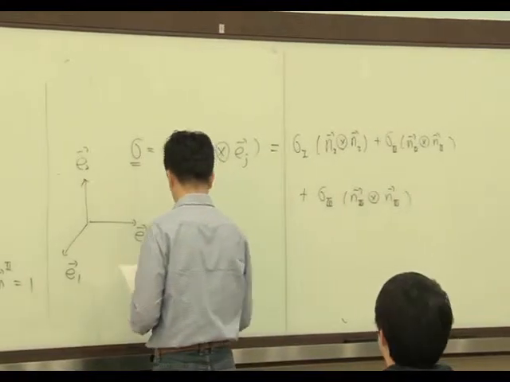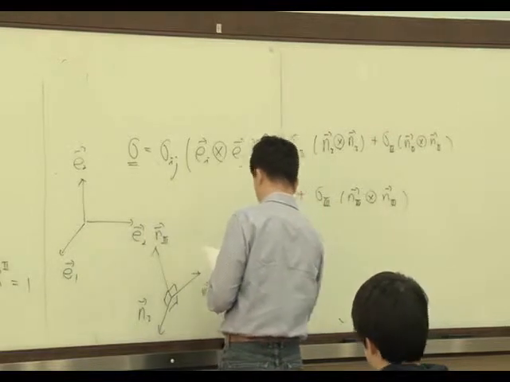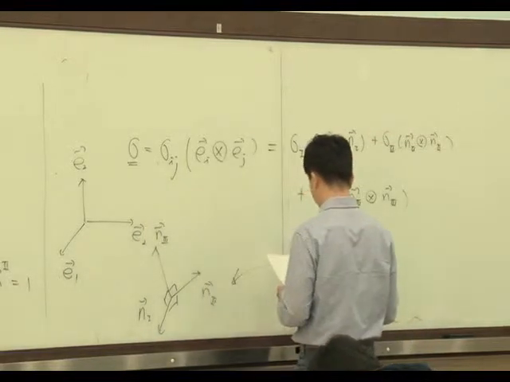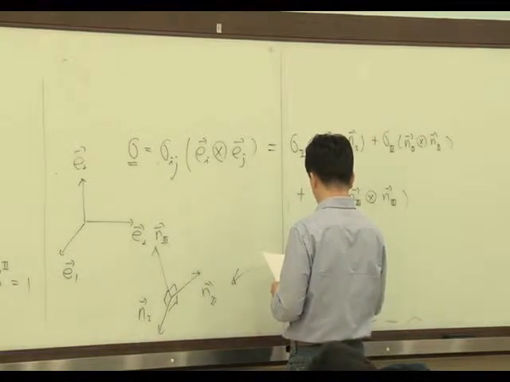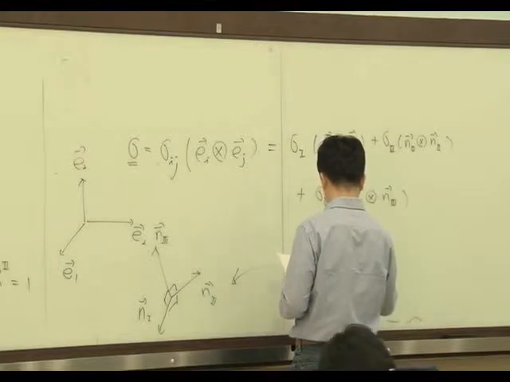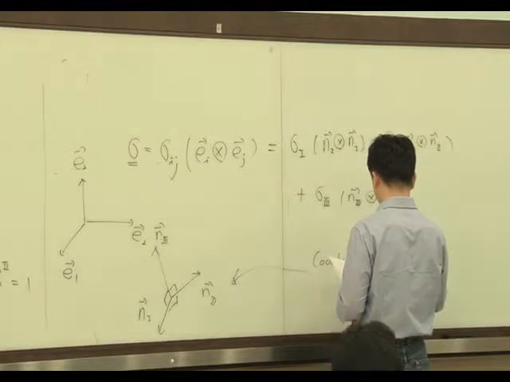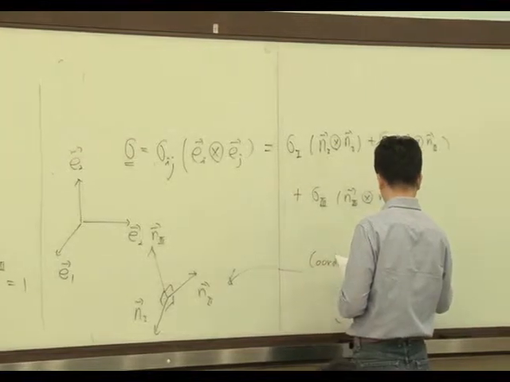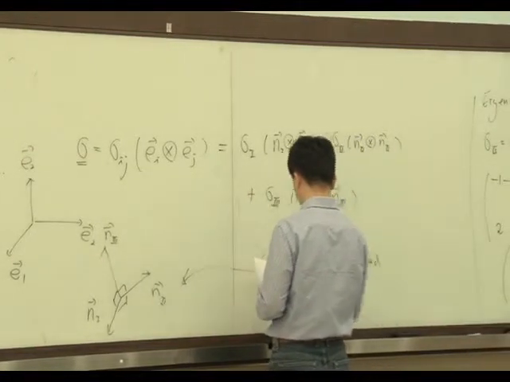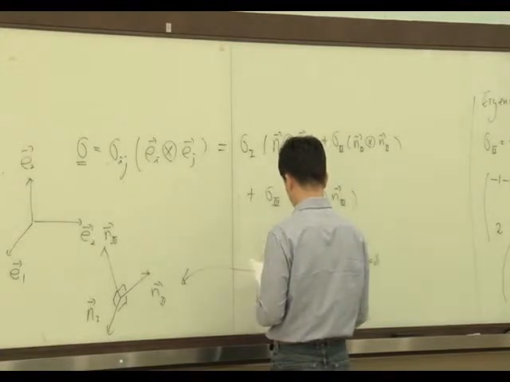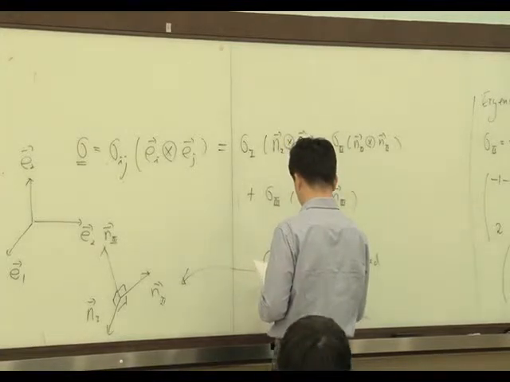So this is a little bit hard to understand maybe for you. This is a coordinate system defined by the base vectors.